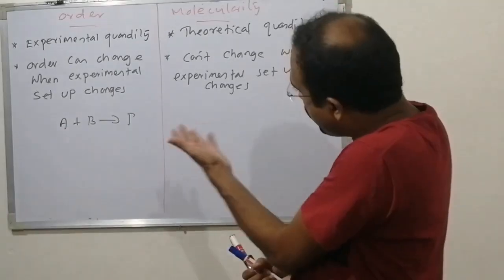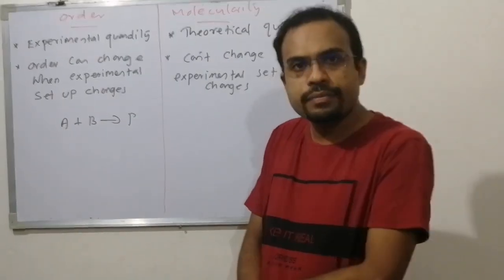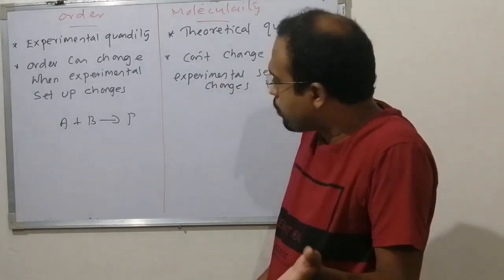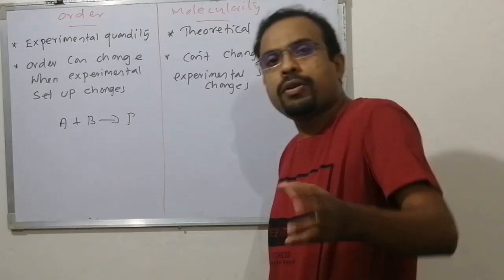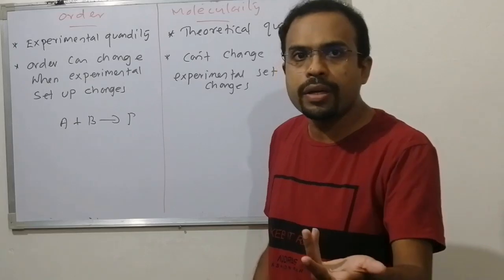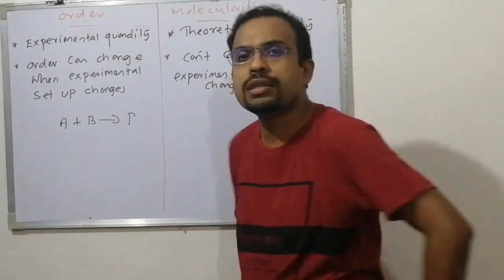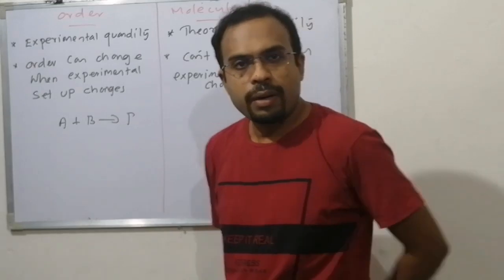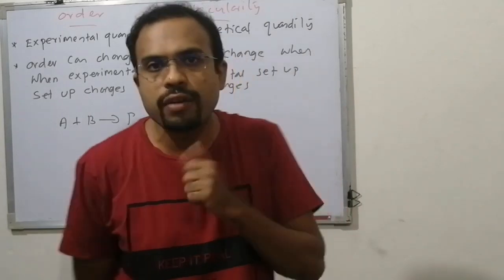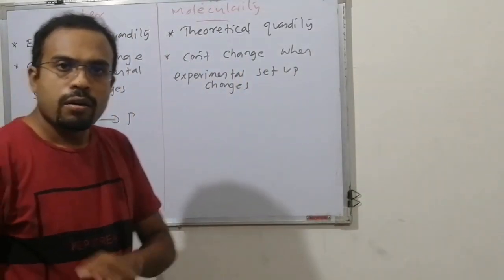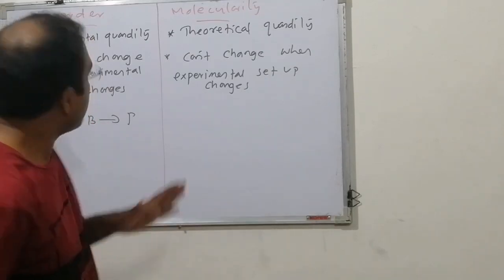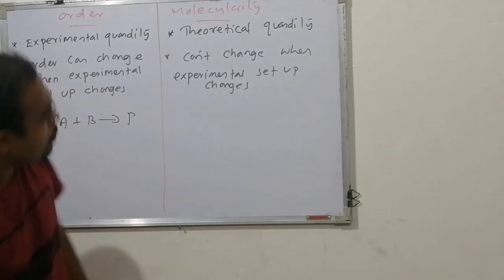You cannot understand simply by looking. Whether rate depends upon A or B is only understood when you do the experiment. That is why we say that order is an experimental quantity. But in the case of molecularity, you don't need that. If you know the balancing of a chemical equation, after balancing that, you will get the molecularity.